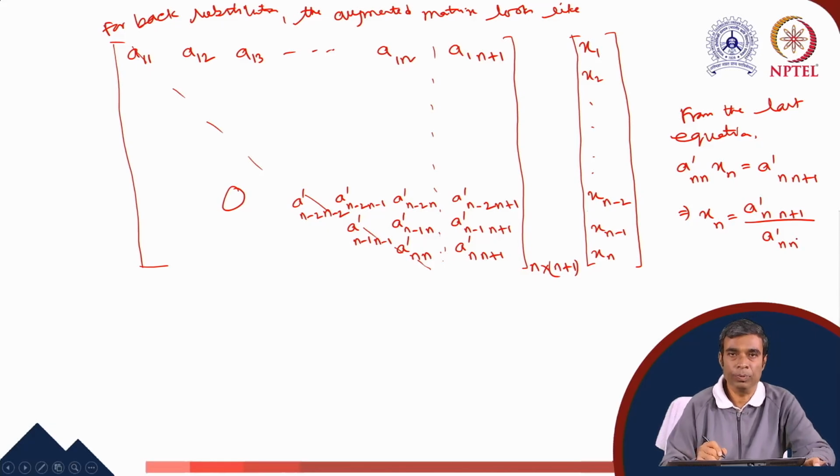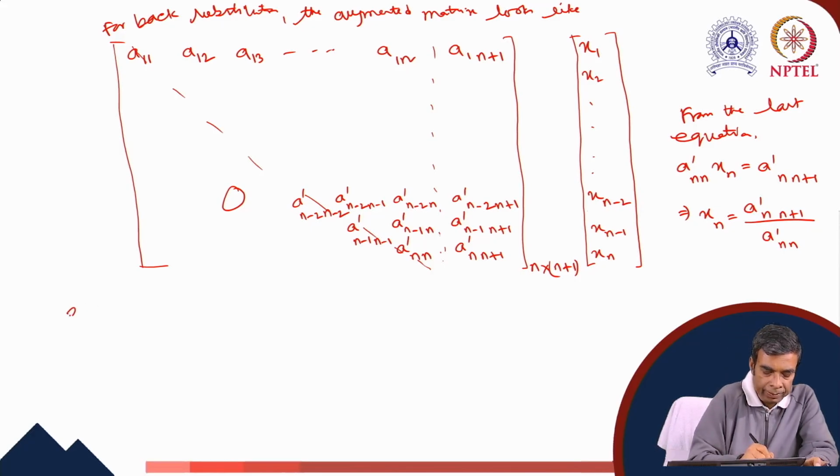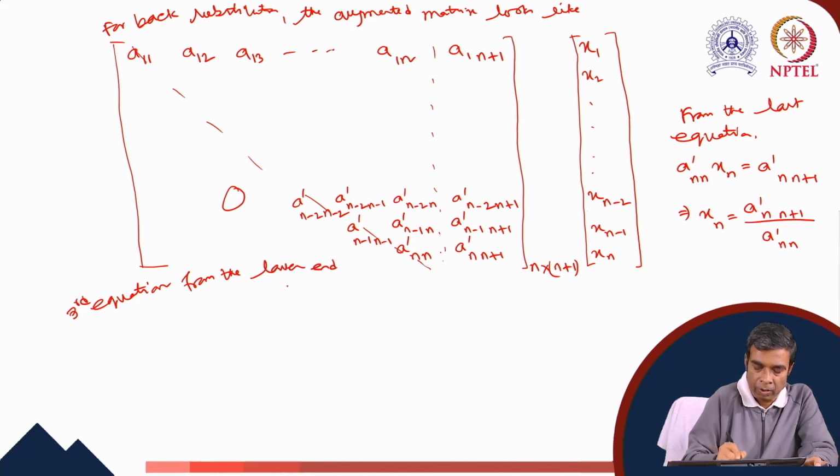Now, to show the complete process, we consider the third equation from the back side, from the lower end, or the n minus 2th equation.